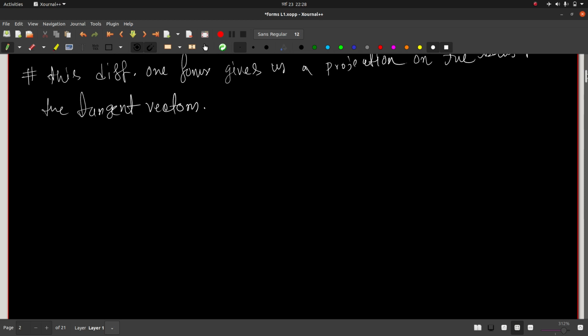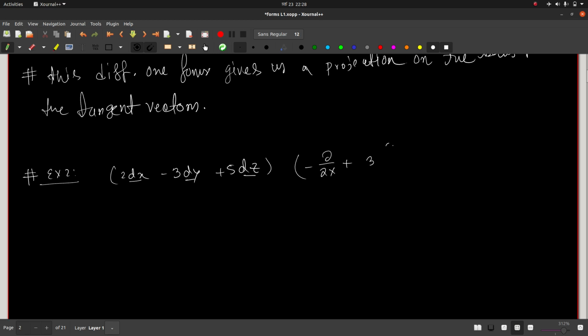Now similarly you can also try to compute another quantity. Let's say this is our example 2: 2dx minus 3dy plus 5dz. Again, remember these are differential one forms, and I want you to compute this quantity.